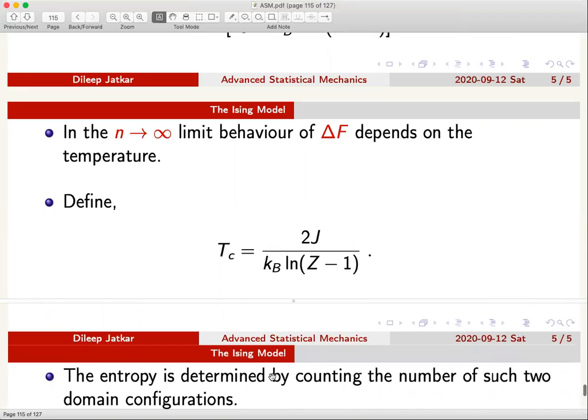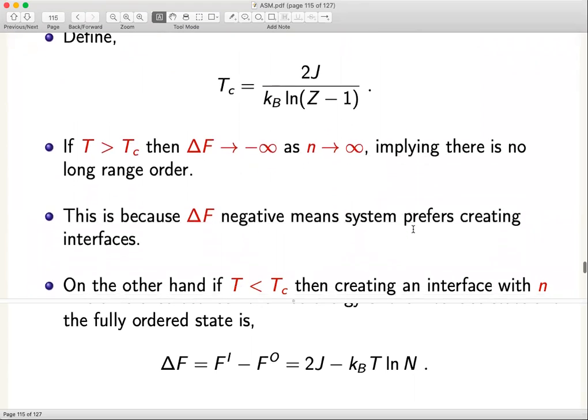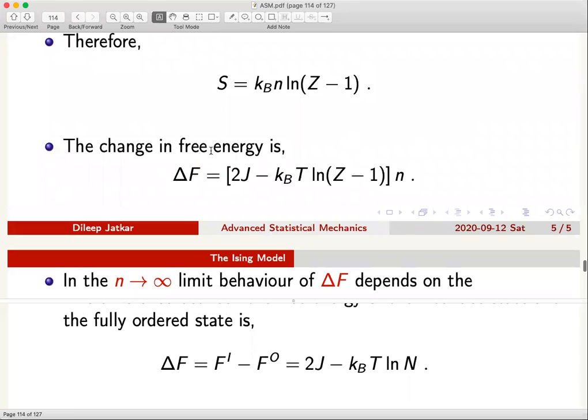Remember we had written down this quantity here: delta F is 2J minus k_B T times log n. This was in the one-dimensional system. Contrast that with what we get here, where delta F has a factor n sitting outside.